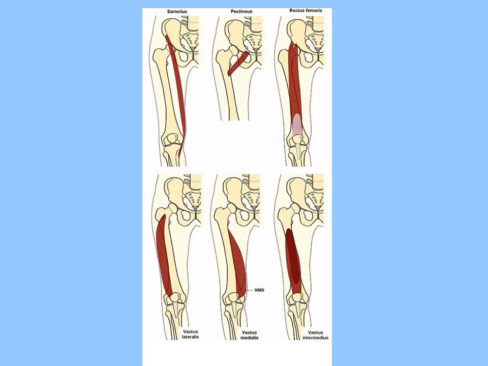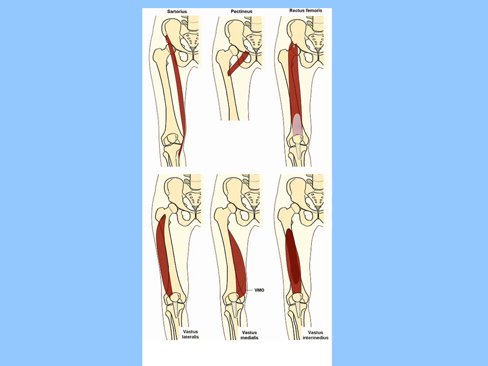Last, the vastus intermedius, that's mostly connective tissue, but also a knee extensor. The sartorius, pectineus, rectus femoris, vastus lateralis, vastus medialis, including the VMO, and vastus intermedius are all part of the anterior compartment, and all are innervated by the femoral nerve from L2, L3, L4.